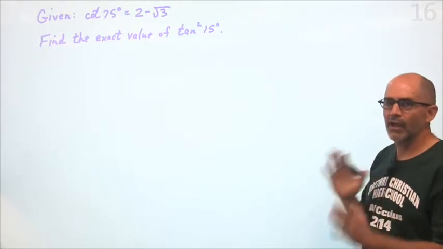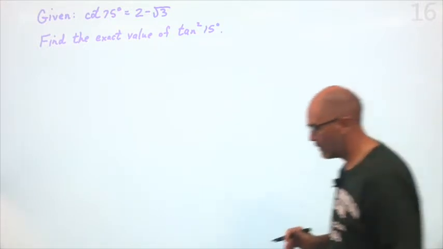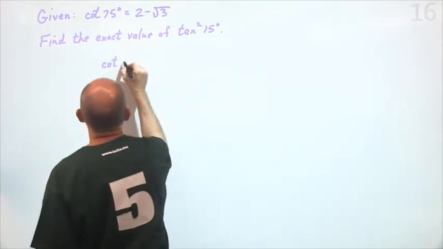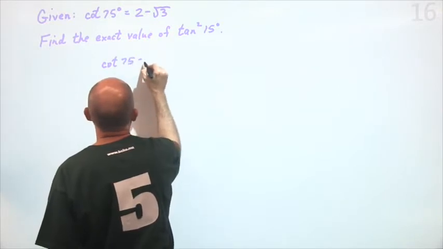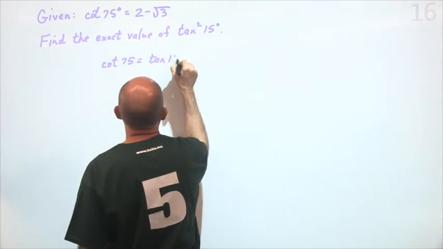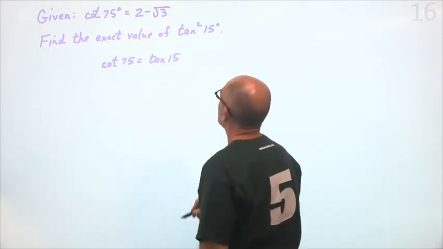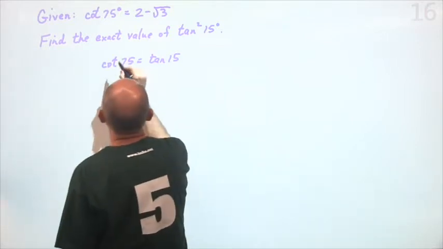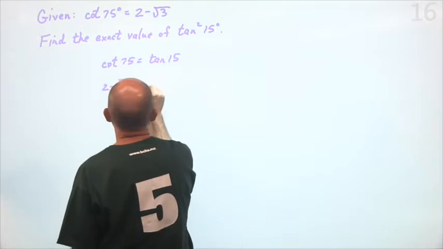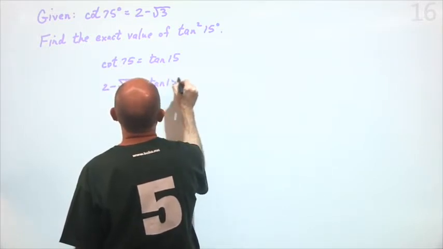Because remember, cotangent and tangent are cofunctions of each other. So cotangent 75 equals tangent of 90 minus 75. Okay, so what we have here is 2 minus square root of 3 equals tangent of 15 degrees.